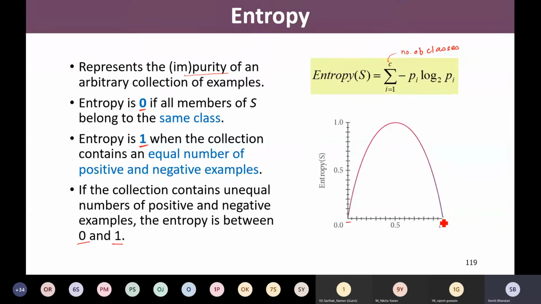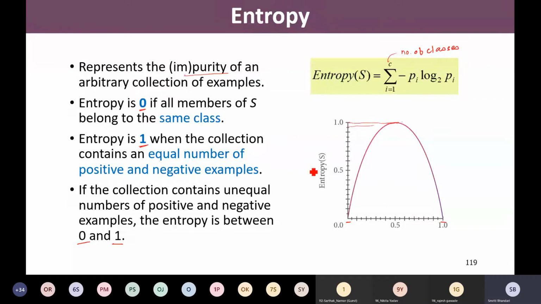If I have 50% of the samples belonging to class 0 and 50% belonging to class 1, that means an equal number of positive and negative samples, then the entropy is equal to 1. And in between, if I have an unequal number of samples belonging to class 0 and class 1, the entropy will be in between 0 and 1. So this is how we can show it pictorially.